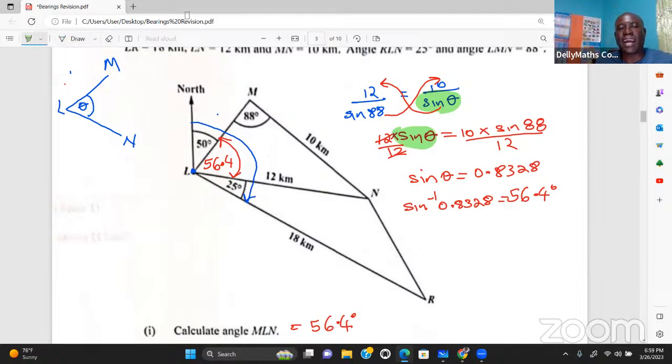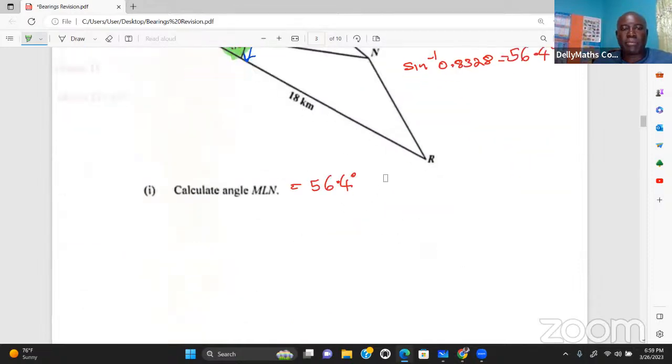And when I said all of those angles, 50, 56.4, 25, all of those angles would have made the bearing that we're looking for. Take a good look. My big green spot would have been all the angles that we already have. All we have to do is add them up to get this.